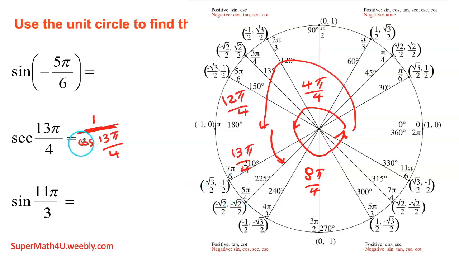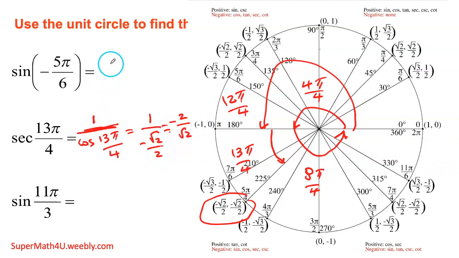And the question is cosine. The cosine here is the x value, which is negative square root 2 over 2. So I have 1 over negative square root 2 over 2. I have to do the reciprocal of this. So when I divide this, I'm going to get negative 2 over square root of 2, which I have to rationalize.